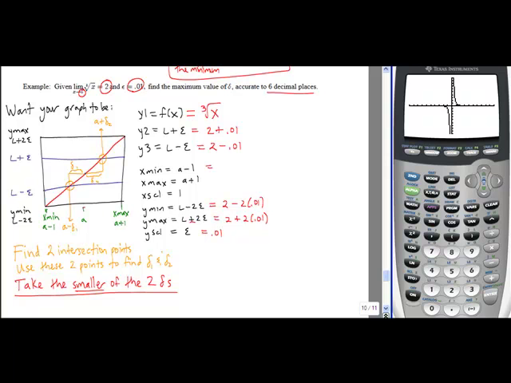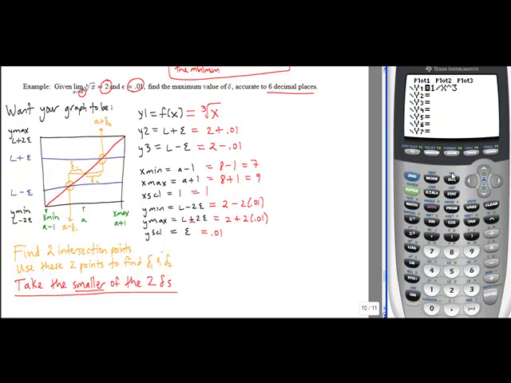We're approaching 8. So I want to go 1 to the left of that, so 8 minus 1 would be 7. And I want to go 1 to the right of that, so 8 plus 1 would be 9. And I'm going to let my x scale just be 1. So let's go ahead and type all of that into our calculator.